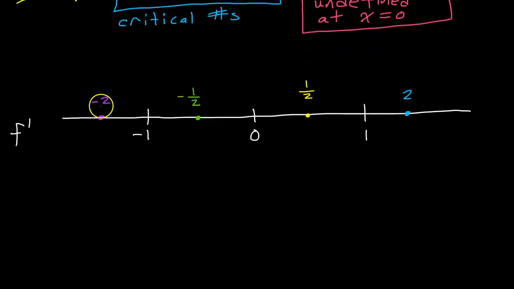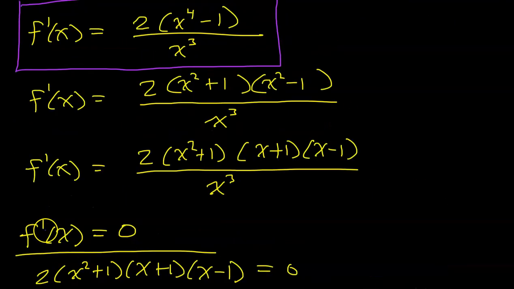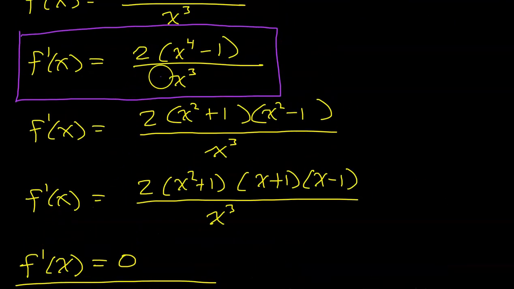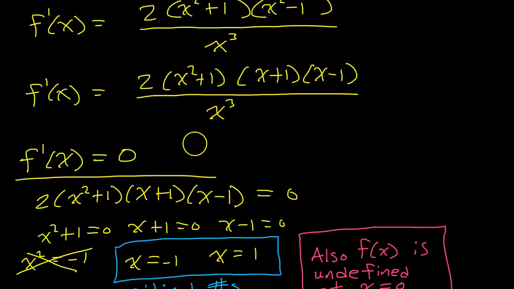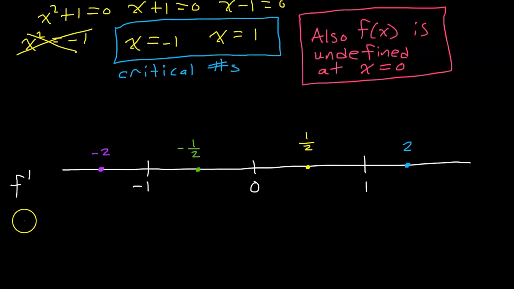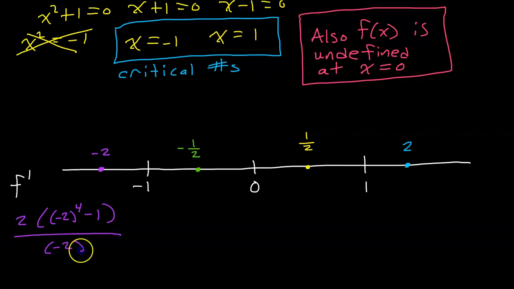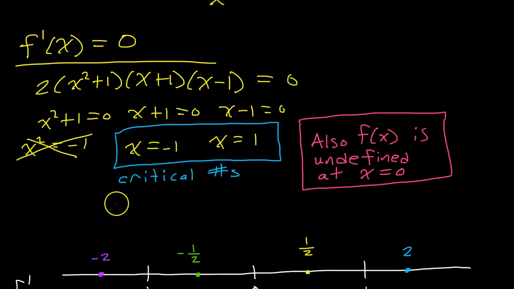So let's start with the -2. We're going to do 2 times -2 to the 4th power minus 1, divided by -2 to the 3rd power.